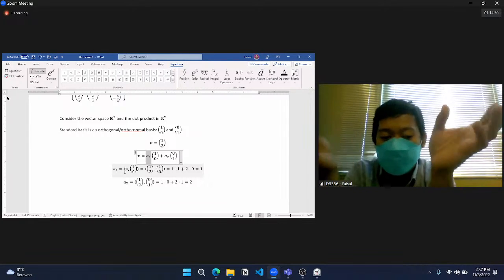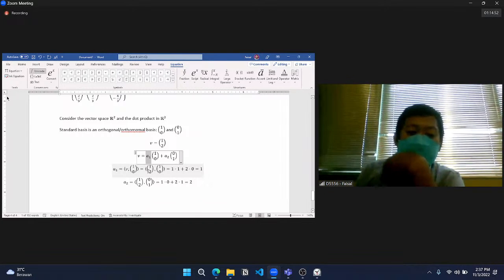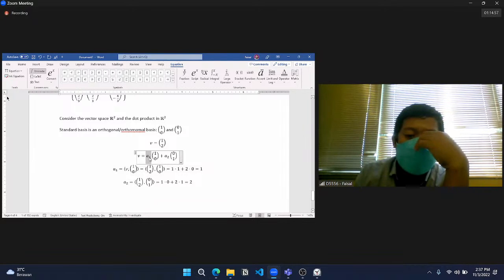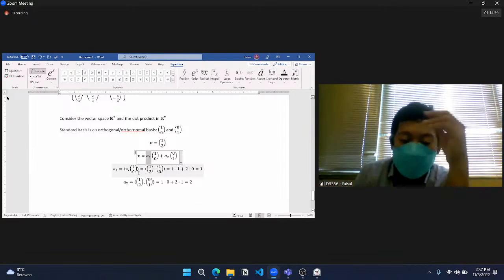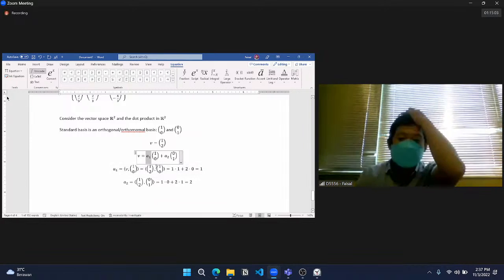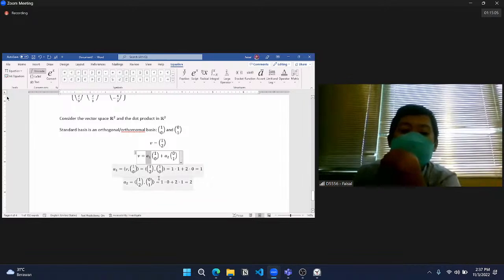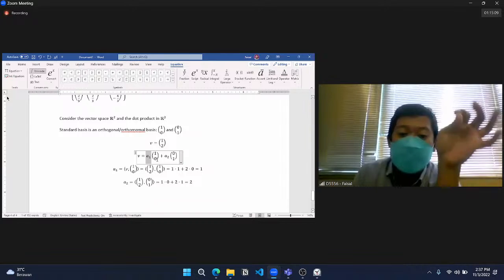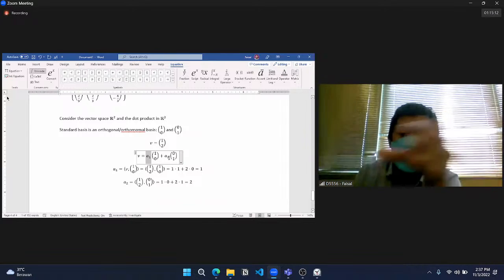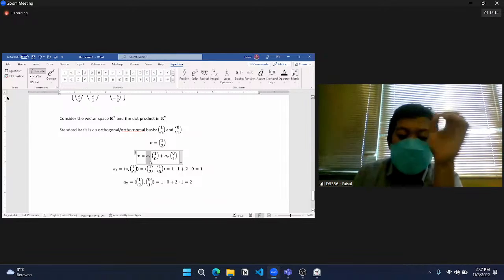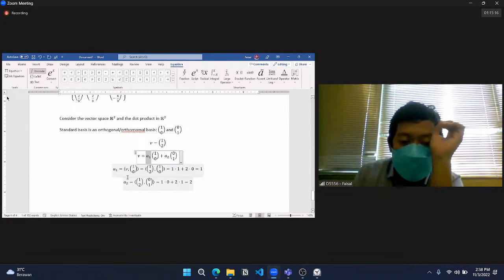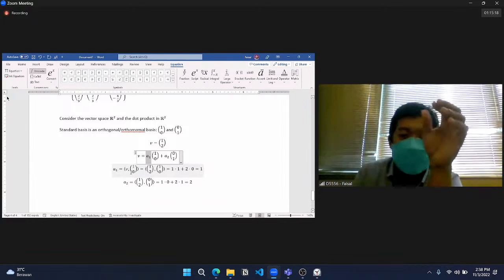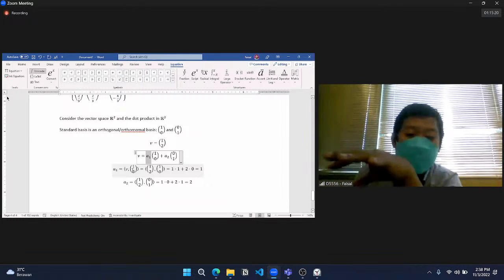Okay, so we can directly find the scalars from the dot product, we don't need to find the linear system. We don't need to solve the linear systems to find A1 and A2, you can just compute the inner product and you will get the scalars.